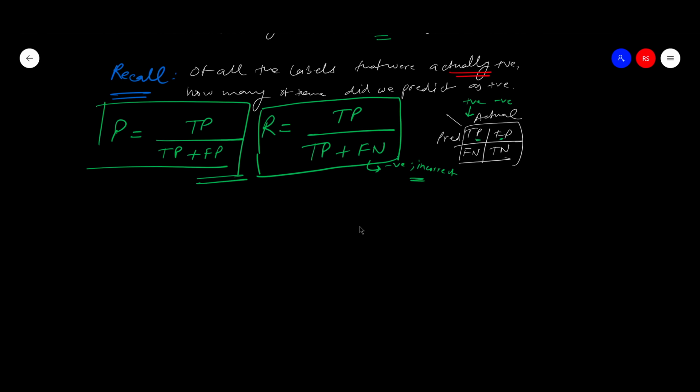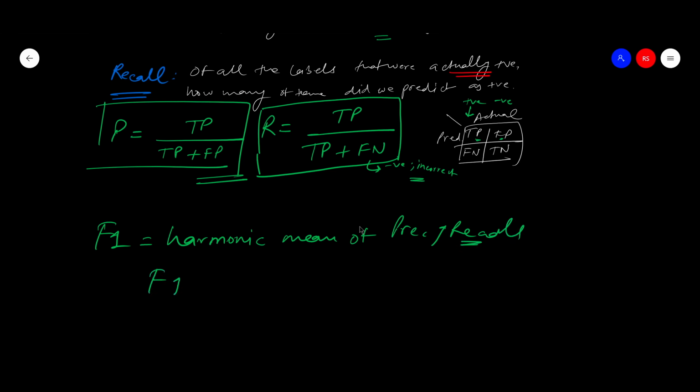Okay, so we have the precision and the recall values. F1 score is basically the harmonic mean of precision and recall. So the harmonic mean of any two variables x and y is stated as 2 times precision into recall divided by precision plus recall.